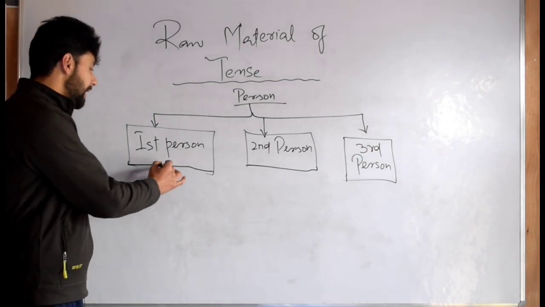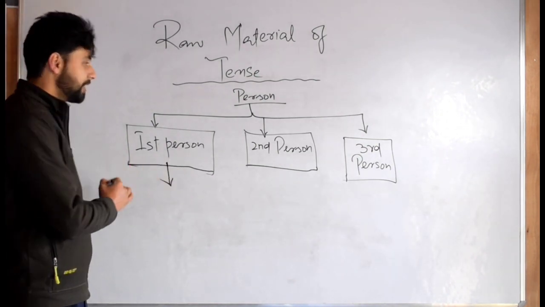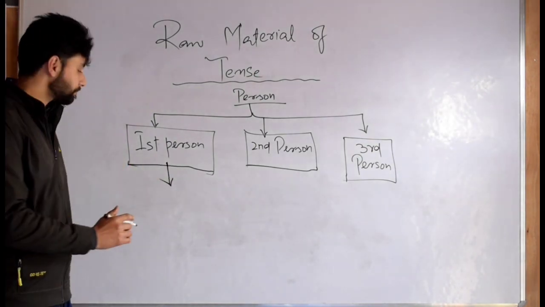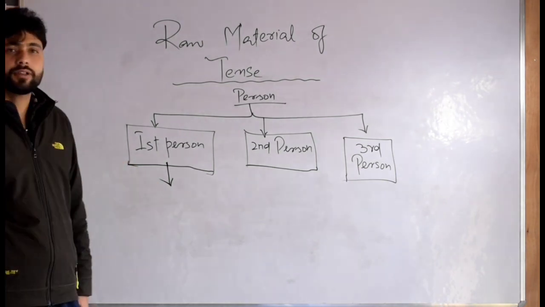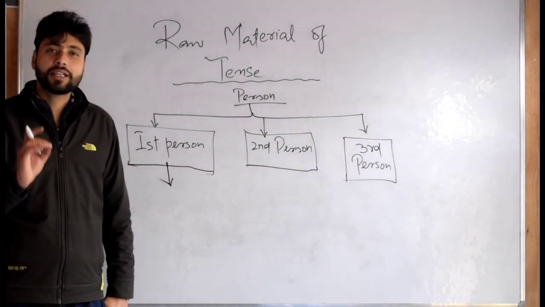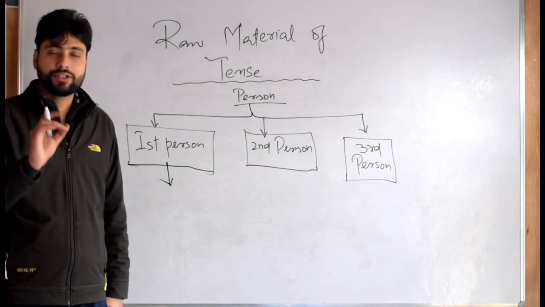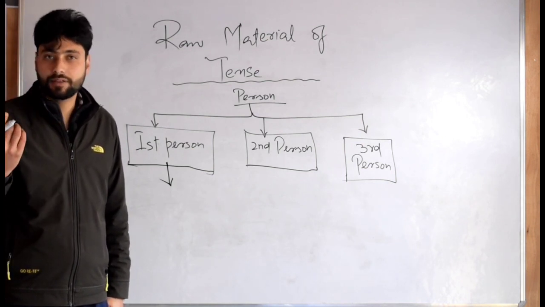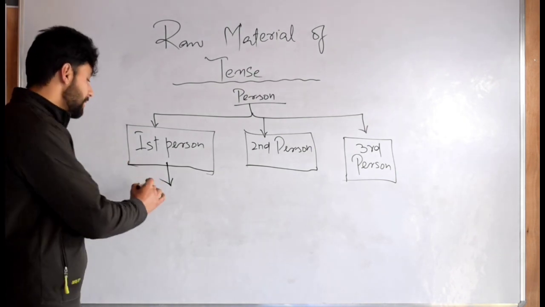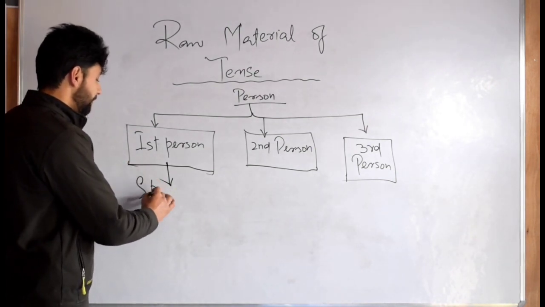Here I'm going to explain these 3 points one by one. First person. First person is the one who talks. So the person who talks is the speaker, right? So the speaker is the first person.